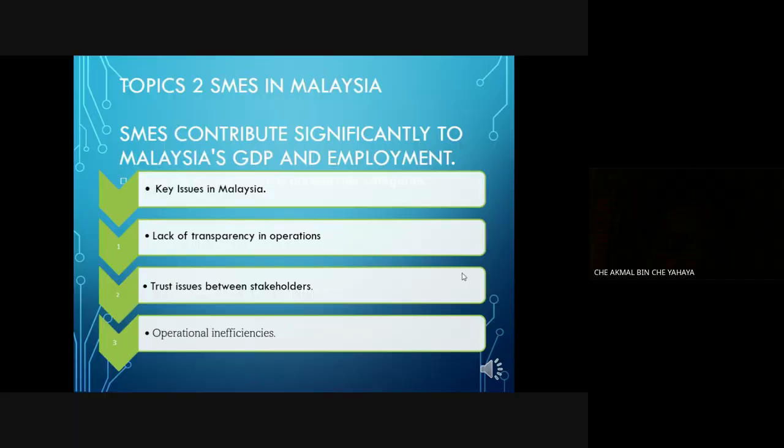Second, the trust issue between stakeholders. Some stakeholders have different aims, followed by operational inefficiencies. It means that sometimes data can be recorded, sometimes it can be missing, and some data can be moved to other places. That means there are some issues that happen in SMEs in Malaysia.